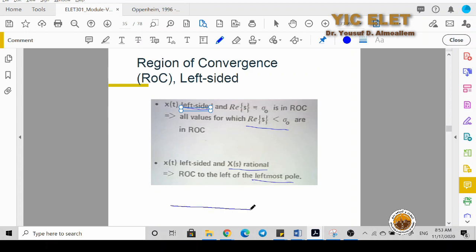So if we have this S-plane and we put P1, P2, P3, this would be the first pole, second pole, third pole. Then where is the leftmost pole? This is the leftmost pole, آخر pole على اليسار, and the ROC will be to the left of the leftmost pole. This is the region of convergence.